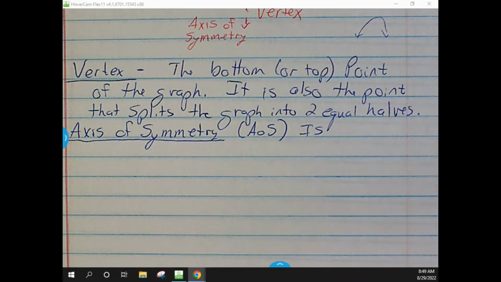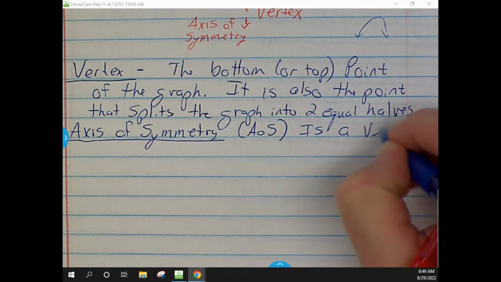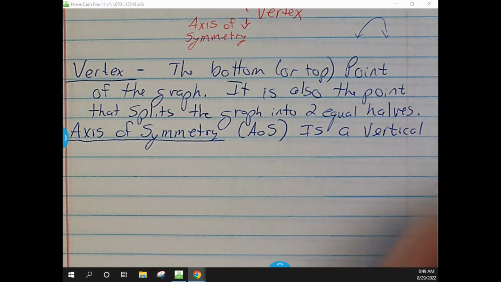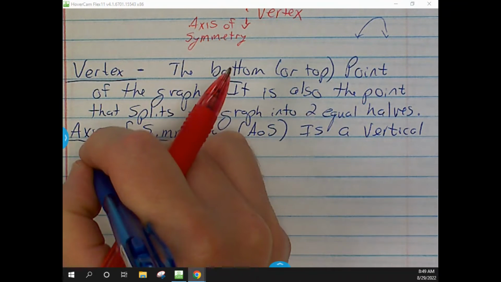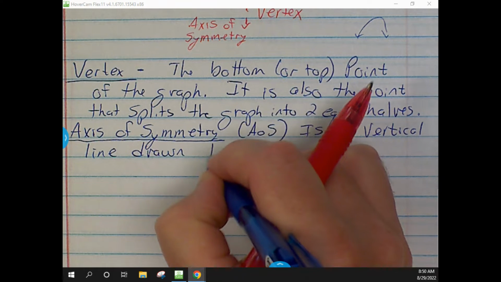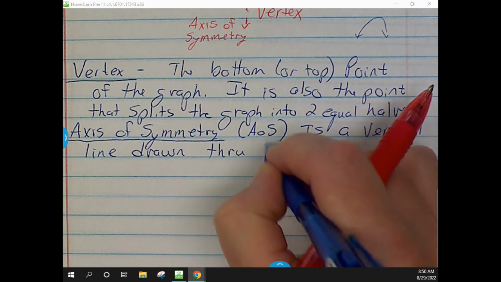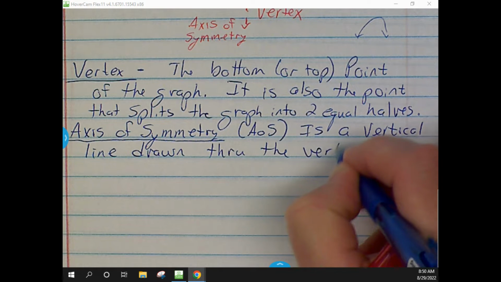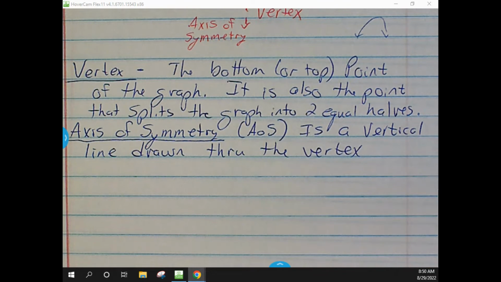All right, so the axis of symmetry is a vertical line drawn through the vertex. All right, and again, when you draw that axis of symmetry, it's going to split the graph in half.